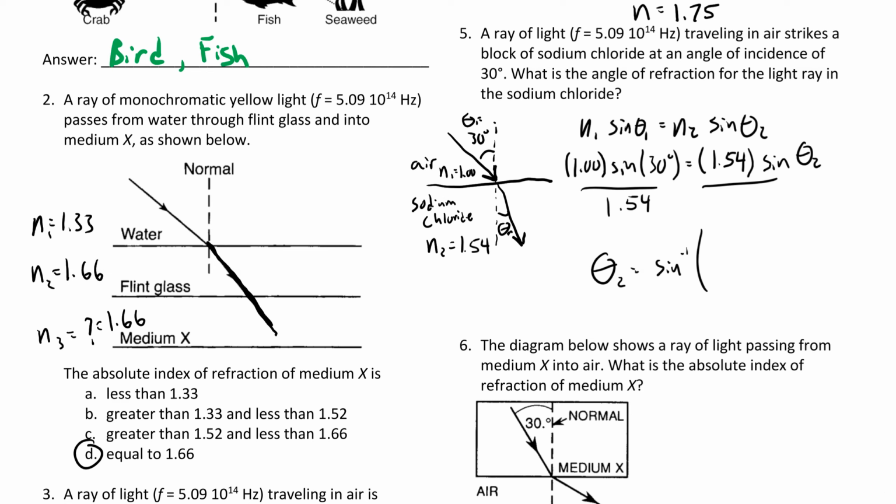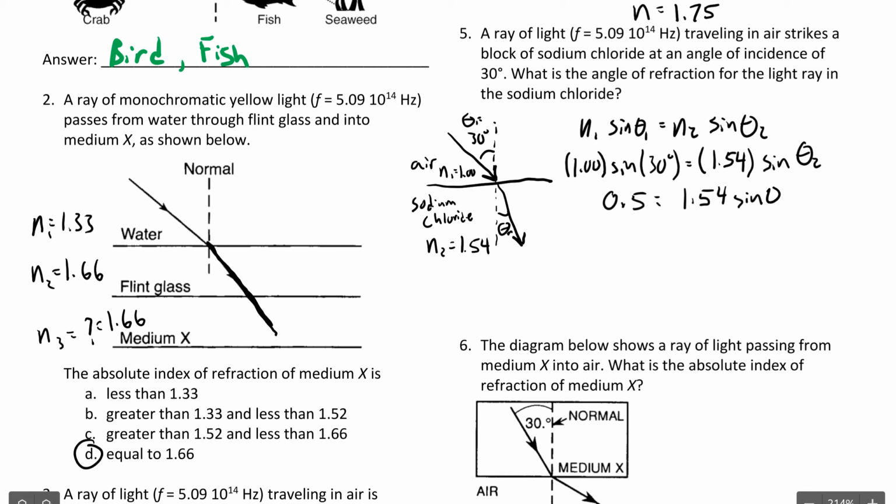Then 1 times sine 30 is just sine 30, but we'll do 1 sine 30 over 1.54, making sure to put it in parentheses when you do that. But I'll do it step by step. But that's an option, because we're going to be doing a lot of these, so the more comfortable you get, the better. Anyway, sine 30 is 0.5. This is 1.54. So we'll divide by 1.54.